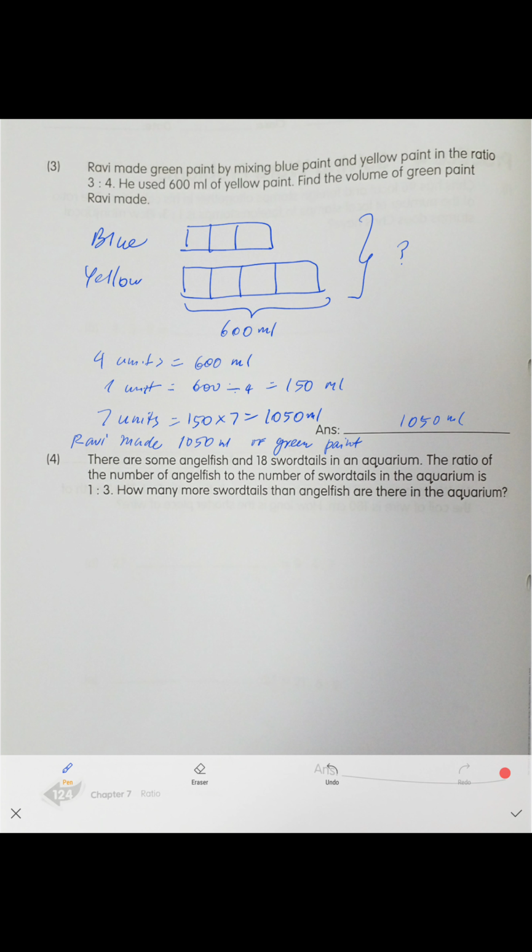Alright, next problem. There are some angelfish and 18 swordtails in an aquarium. 2 types of fish, angelfish, swordtails. The ratio of the number of angelfish to the number of swordtails in the aquarium is 1 to 3. We have the ratio. How many more swordtails than angelfish are there in the aquarium? Alright, two types of fish.